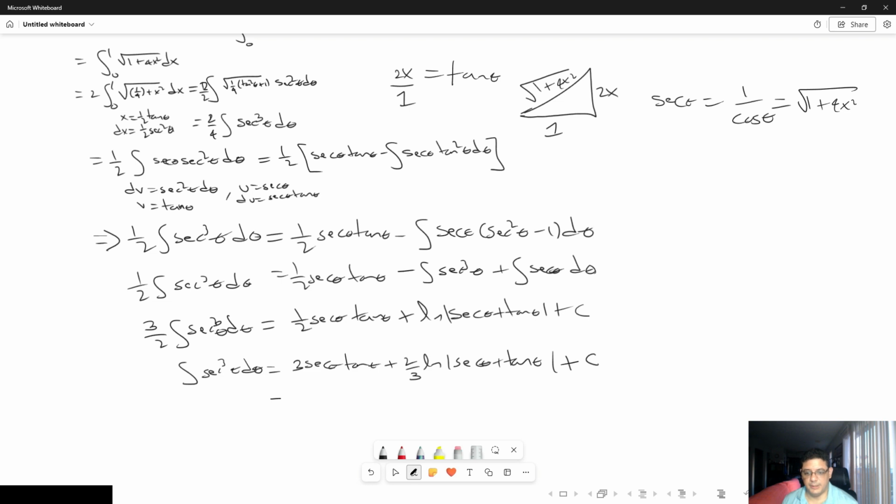So this will be 3 times secant, so the square root of 1 plus 4x squared, and then times 2x, plus 2/3 log of the square root of 1 plus 4x squared plus 2x.